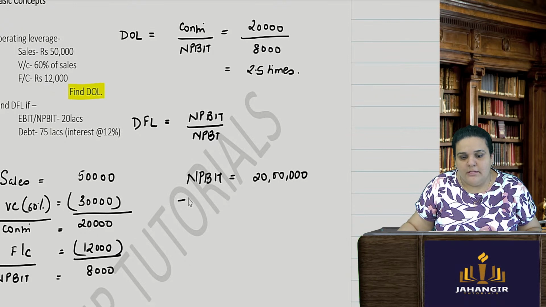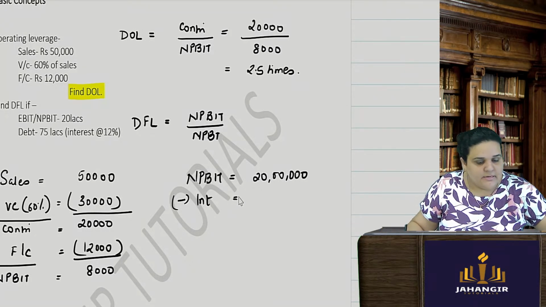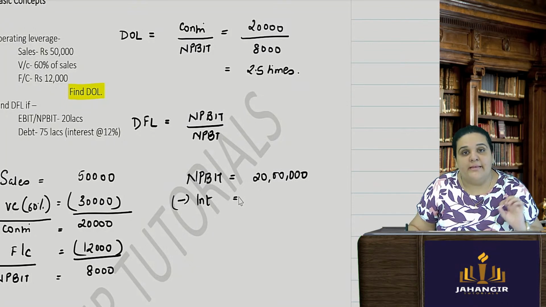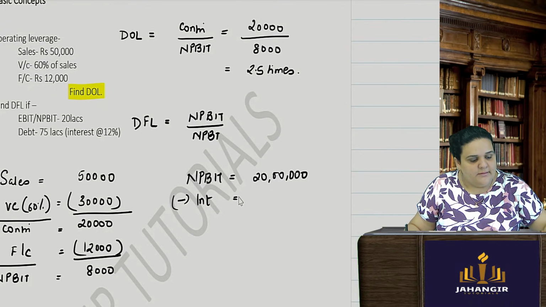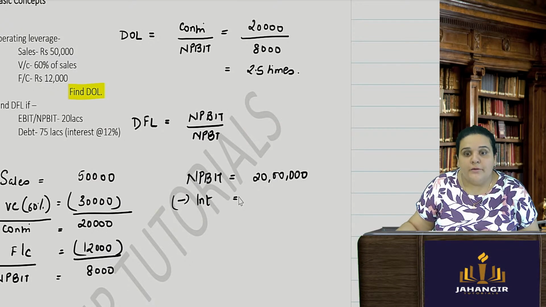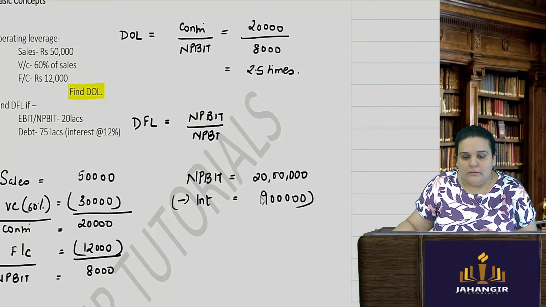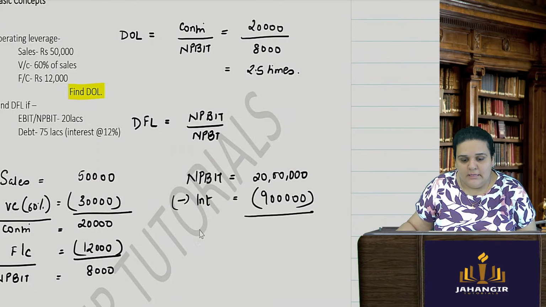So from here I will minus my interest. Interest of 12% I will take on my debt. So 75 lakhs into 12% is going to come to 9 lakhs. This is NPBT now, which is 11 lakhs.